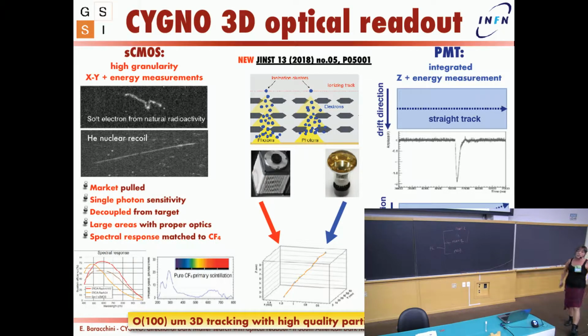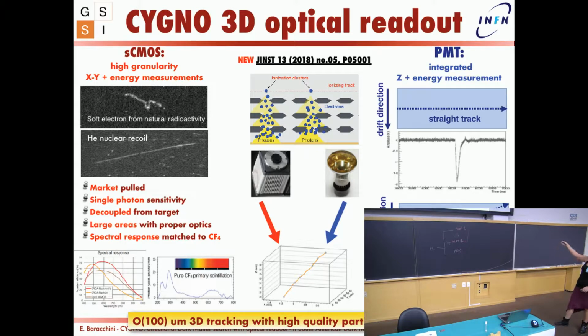They are market products, developed independently from the scientific field. They are decoupled from the target, so differently from xenon or DARWIN or the other experiments, which have the detector inside looking at the target. These are far away, and they are very well matched to the CF4 spectrum. So you have a two-dimensional projection of your track like this.